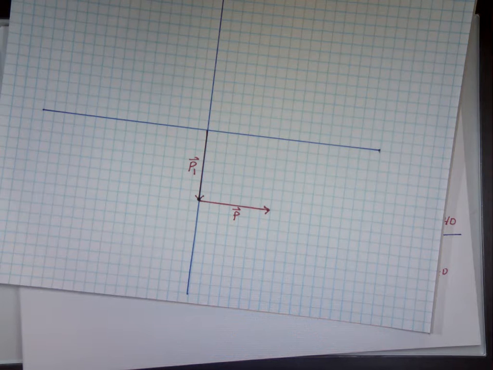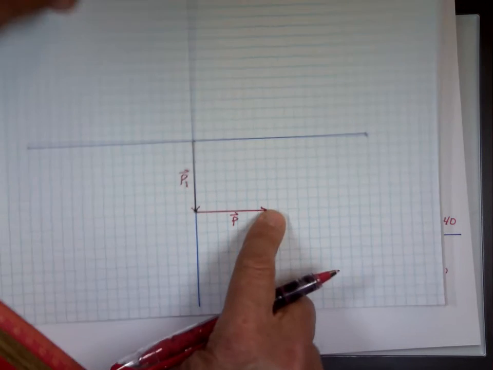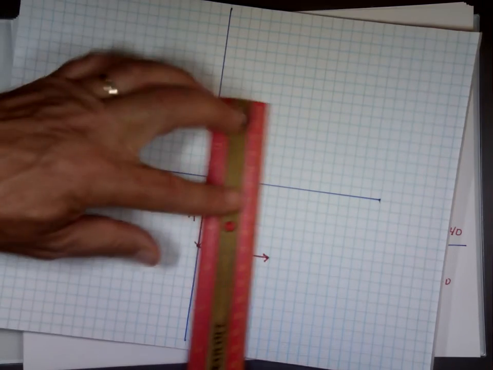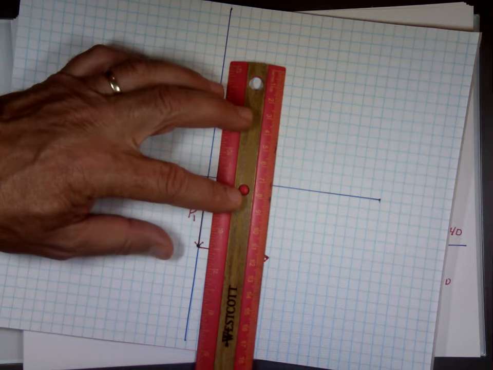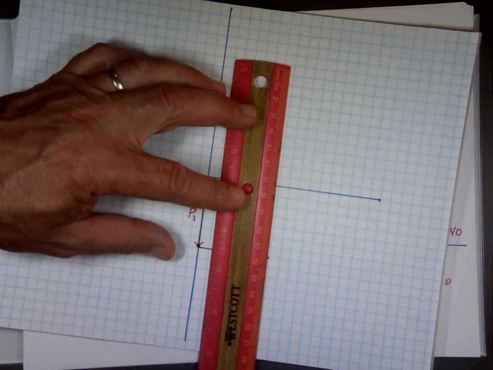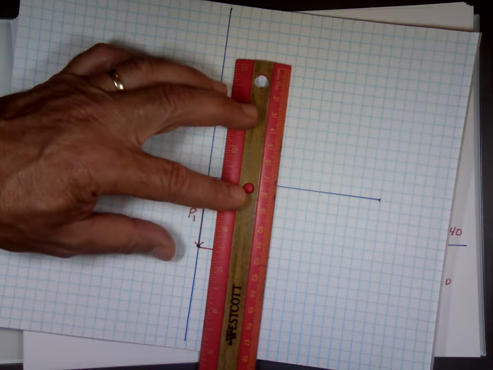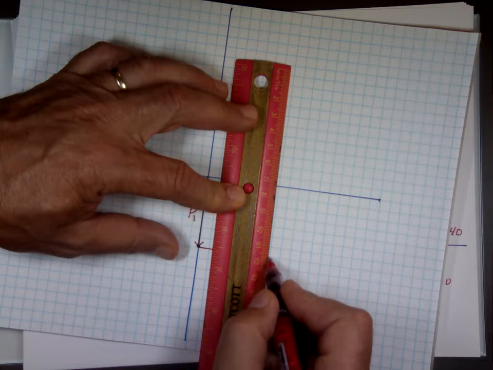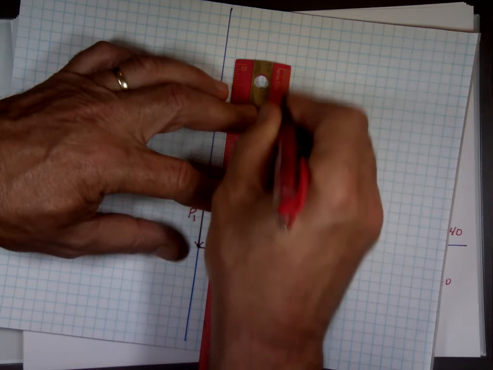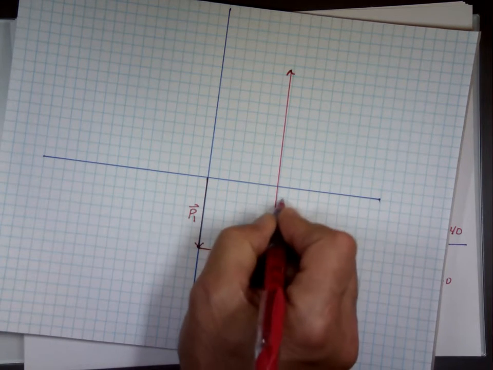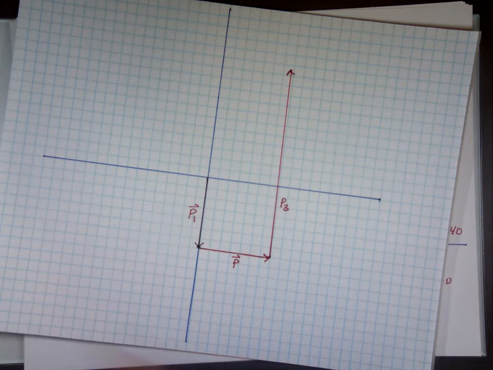Now, from the end of this, I need to add vector 3, which is 11.7 up. So 11.7 up. That's 5, somewhere there, 6 and 7. That's P3. Twist it a little bit there. You can see mine is moving in the line.